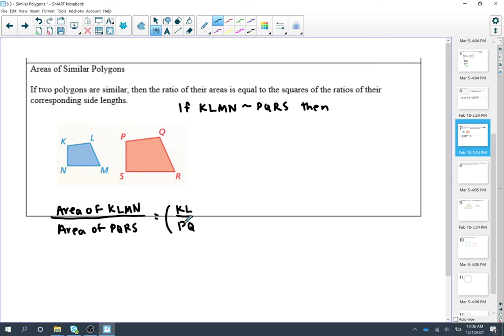So we take this and we square it, which is then also equal to the ratio of LM to QR. But again, because those are side lengths, you have to square it, which is equal to MN over RS squared, which is equal to NK over SP. And you have to square it.